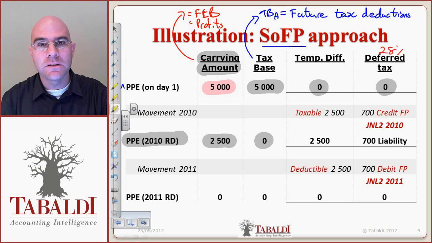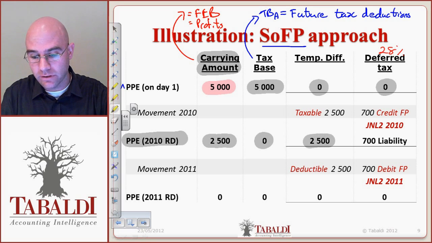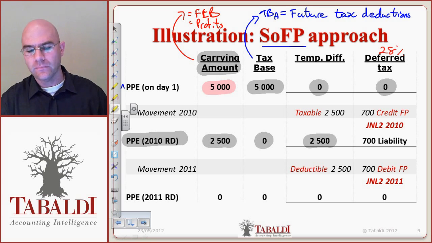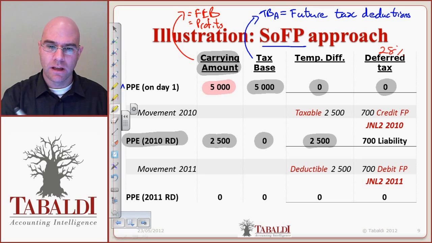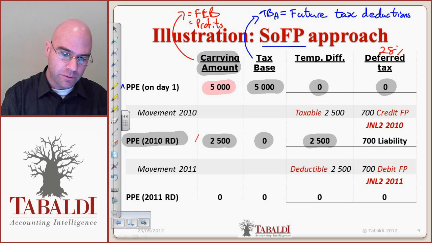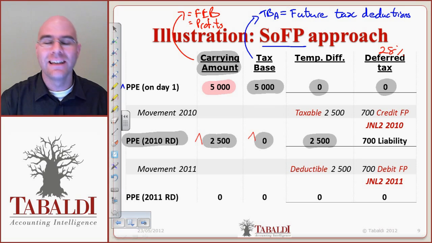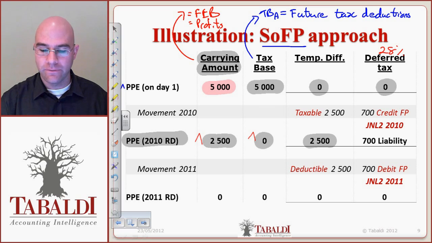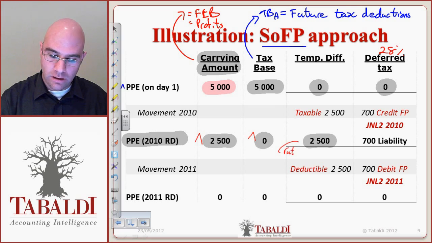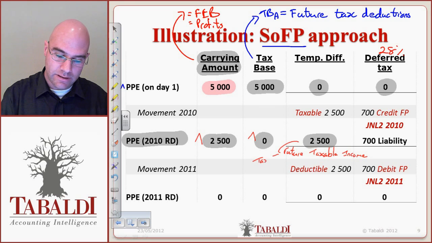The difference, carrying amount minus tax base, leaves me with a temporary difference of 2,500 Rand. If I want to look at this conceptually, future economic benefits, carrying amount of 2,500, is greater than 0 future tax deductions. Therefore, 2,500 Rand represents future taxable income, and that is what we call a taxable temporary difference.